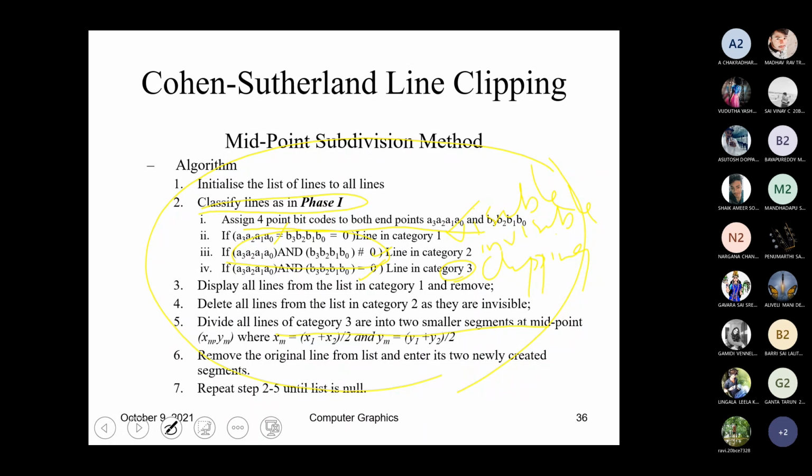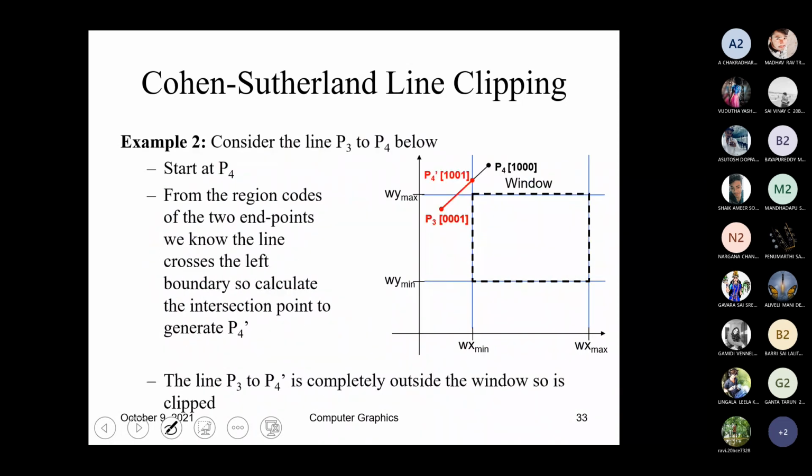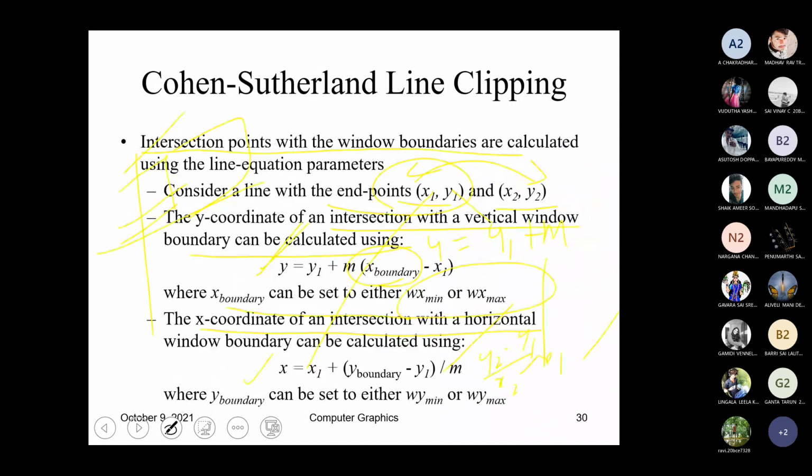Then you will be calculating the boundary. In this case, y will be equal to y1 plus m into (x boundary minus x1). This x boundary is either x min or x max.